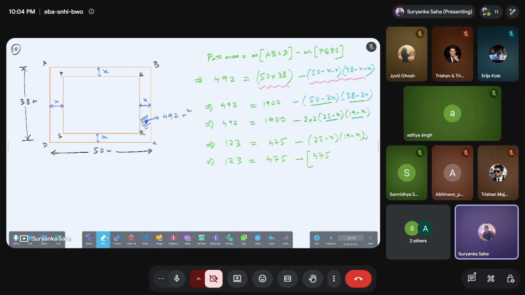Then minus 25x, minus 19x, then plus x square.